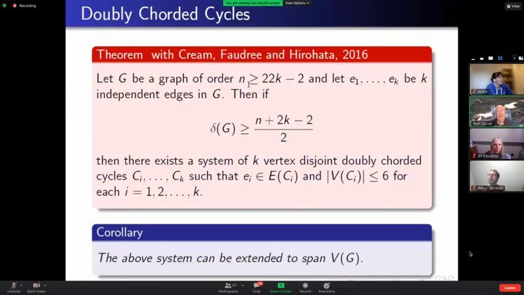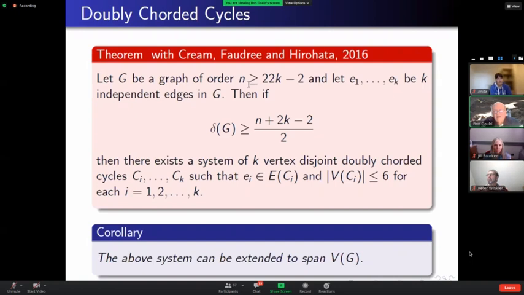Okay, so let's talk doubly chorded cycles. So again, order big enough and K independent edges. If my minimum degree is at least n plus 2K minus 2 over 2, then there's a system of K vertex disjoint doubly chorded cycles such that EI is a cycle edge and not a chord, but a cycle edge.